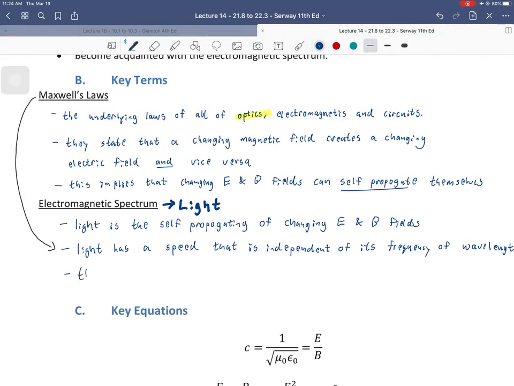So we can say, thus, a spectrum of types of light is formed where frequency implies wavelength and vice versa.